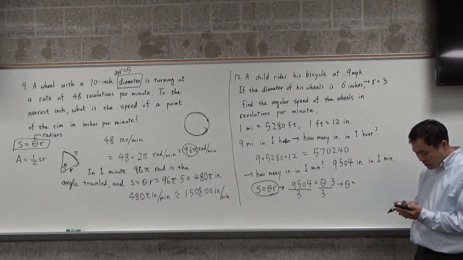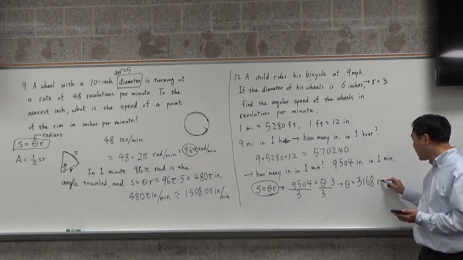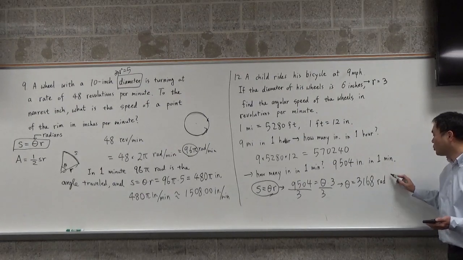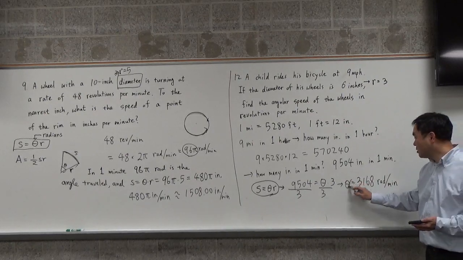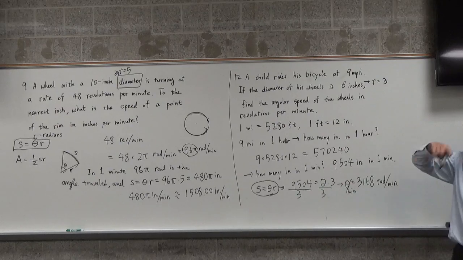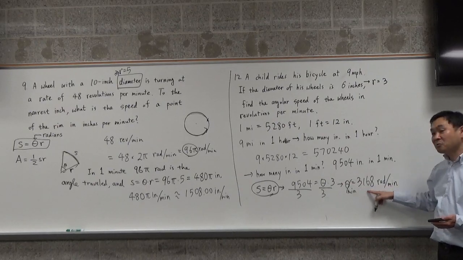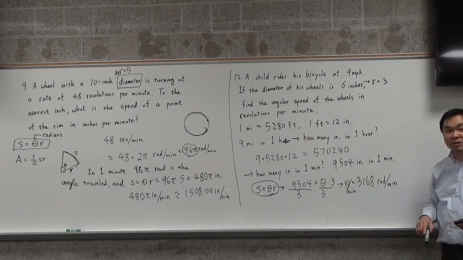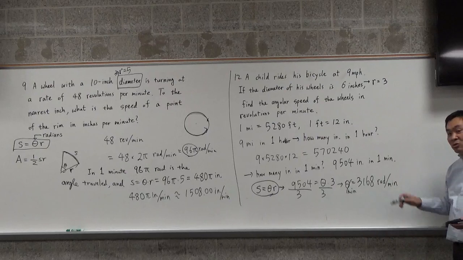Divide by 3, you get 3168 radians in 1 minute. Okay? So you've rotated this much angle in 1 minute. But we're still not done yet. Okay? How would we do this?